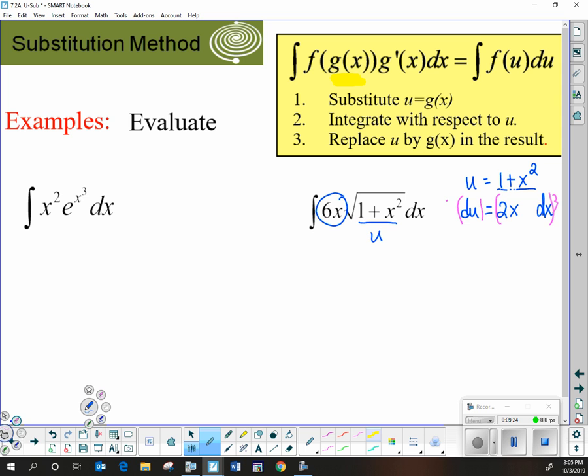So I'm going to multiply this side by 3, giving me 3 du equals 6x dx. And then we go into our substitution technique, and I'm going to say 6x dx gets replaced with 3 du, that coefficient can sit outside, and then I'd have the square root of u, because 1 plus x squared was my original u selection.